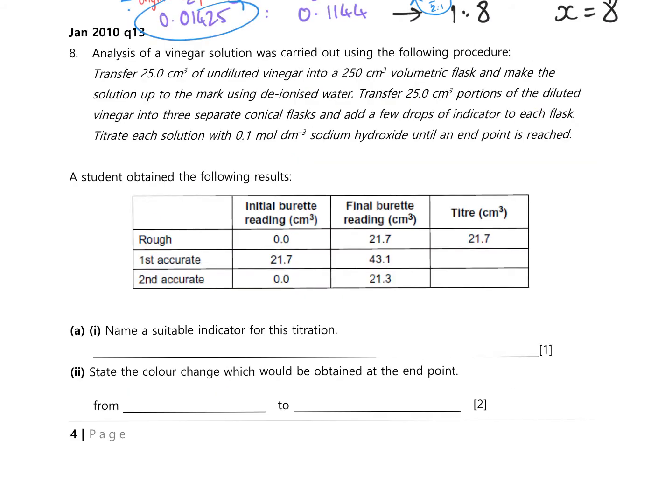Question 8 then is a dilution question, so it's of the analysis of vinegar, and you can see from the question that we are taking 25 centimetres cubed of undiluted vinegar and diluting that up to 250 centimetres cubed.